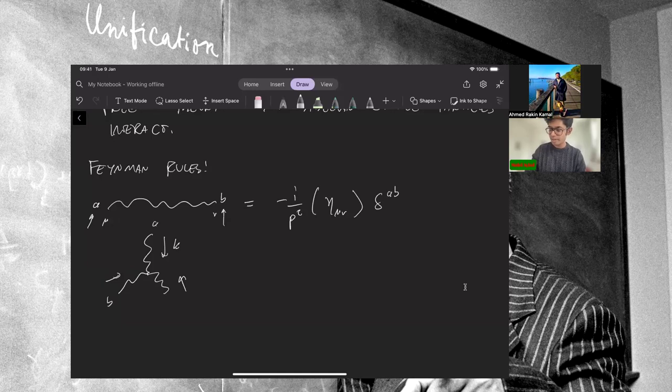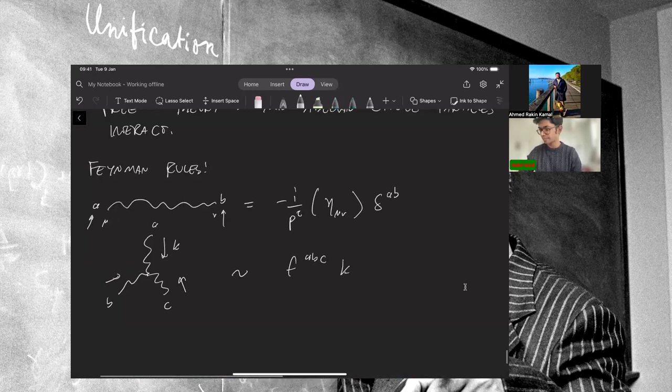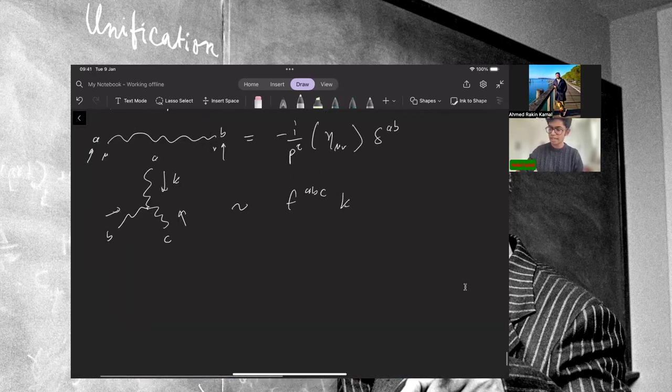But there's a chance basically for three of these vertices to give you something proportional to f^{abc} times the momentum. And there's also some non-zero amplitude for this four-point thing, which I call abcd.